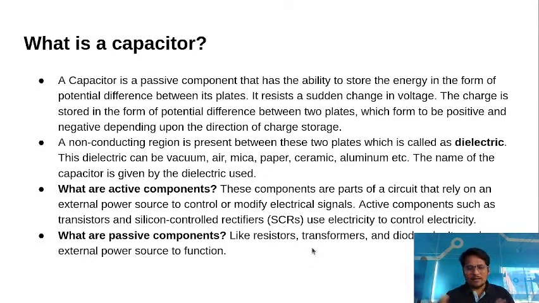So both are passive components because they don't need any external power source to operate. I hope the active and passive distinction is clear to you. Active components need an external power source to control or modify electrical signals, but passive components do not rely on an external power source.